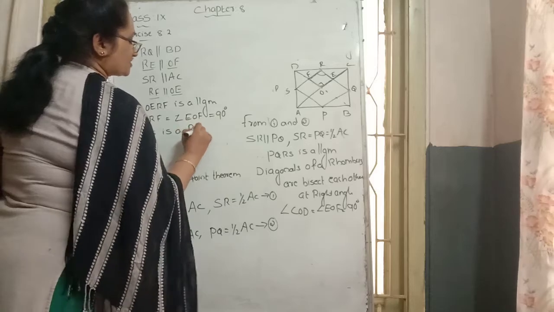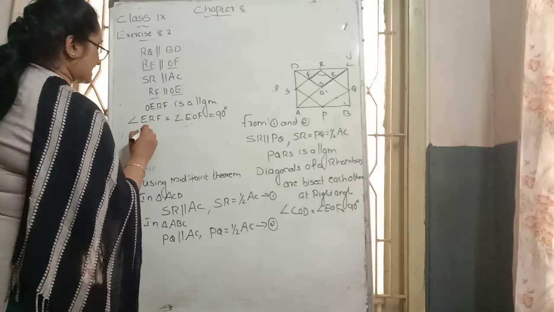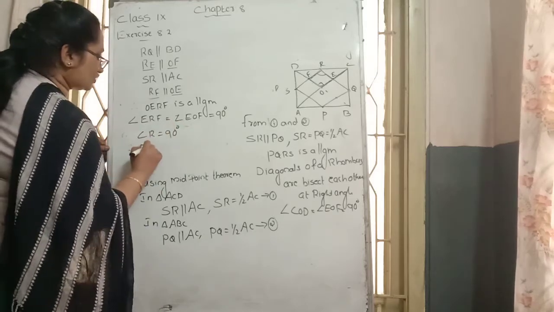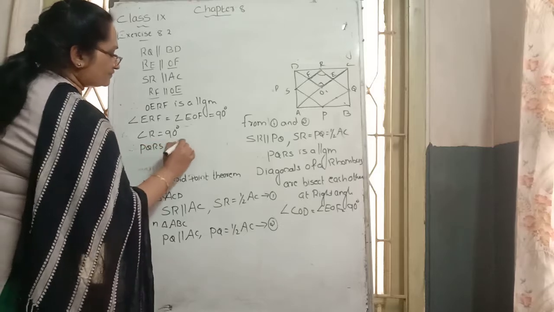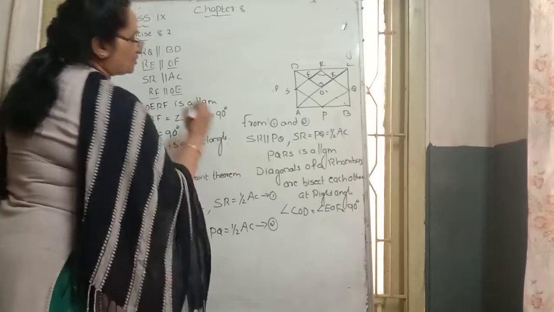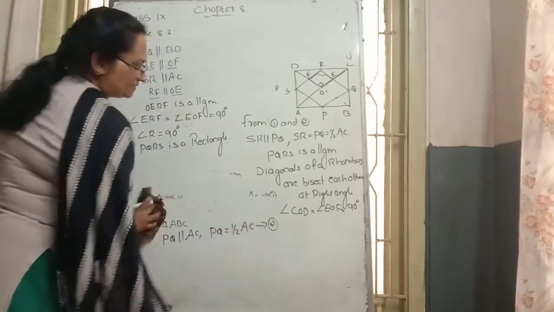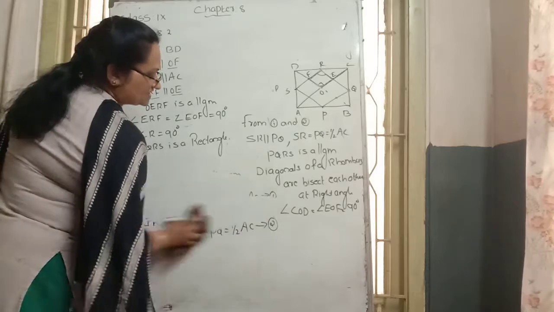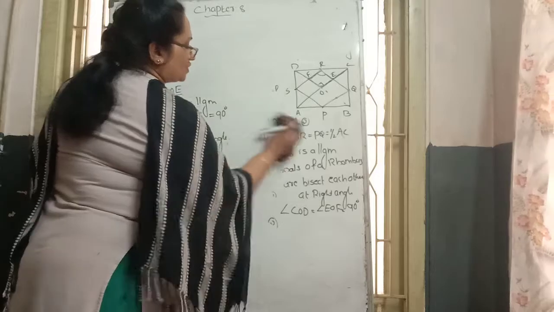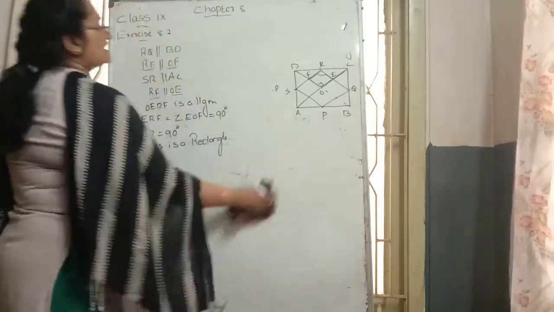A rectangle. Why? Because angle R is equal to 90 degrees. Already we proved that it is a parallelogram. Then angle R becomes 90 degrees and opposite sides are parallel. Such a quadrilateral we call a rectangle. Hence we prove that PQRS is a rectangle.